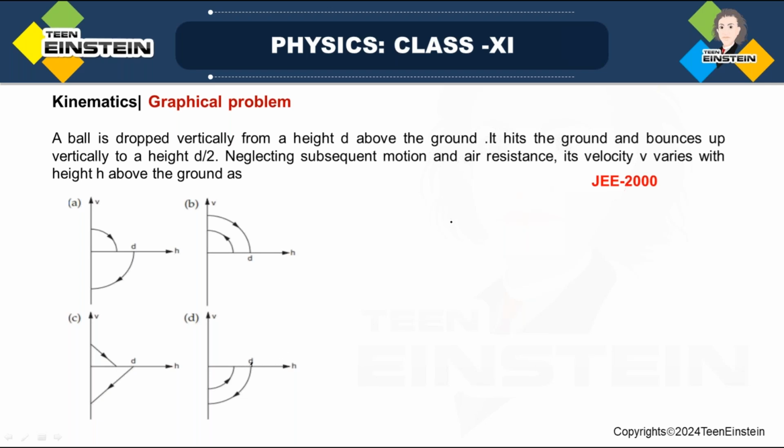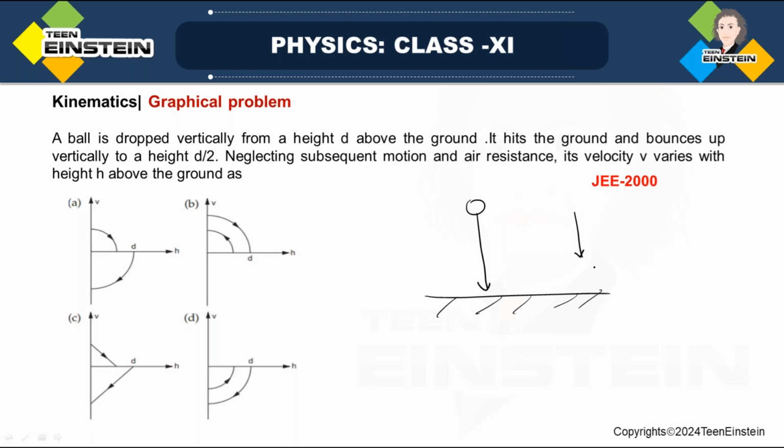Here you can see the arrows are different. Initially the object was at d height. As it is coming closer to the ground, its velocity obviously increases.